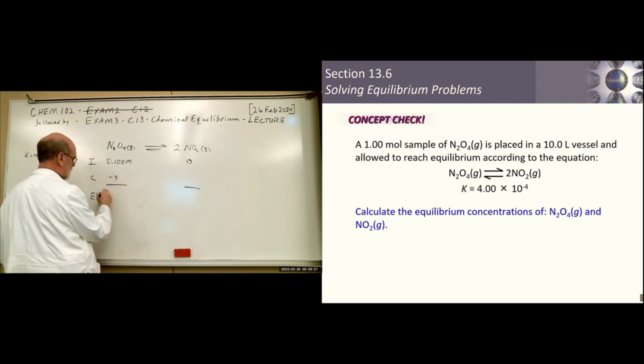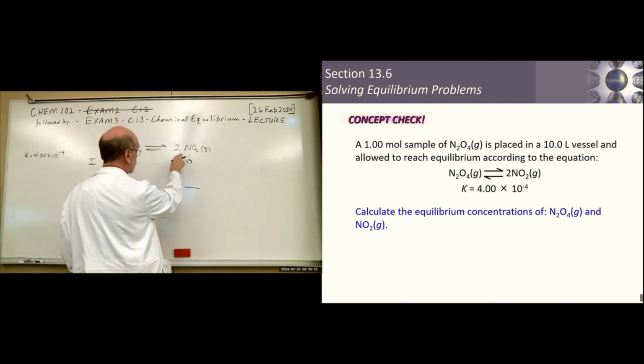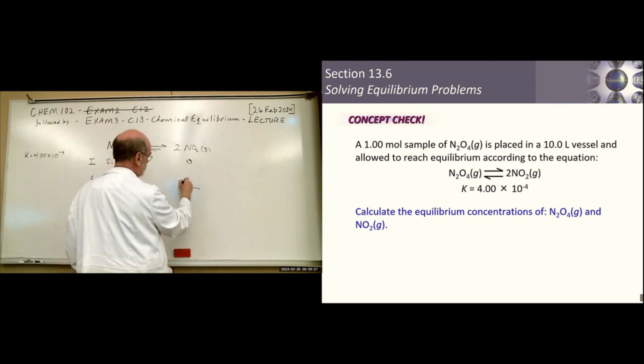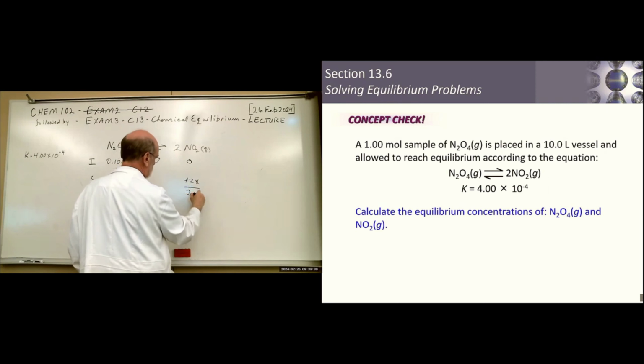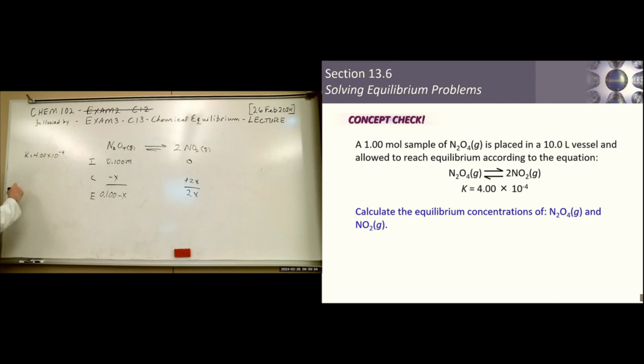So that's 0.1 minus X. And we're going to end up with 2 times that much on this side. Right? Okay, now we can put it in our expression. 4.00 times 10 to the minus 4 equals 2x squared over 0.1 minus x.